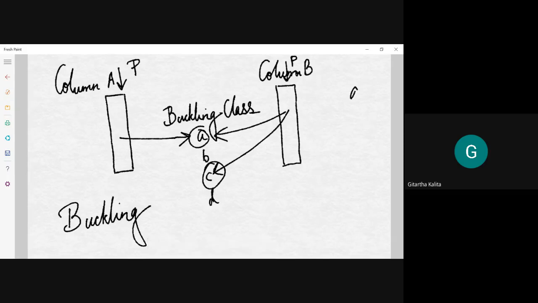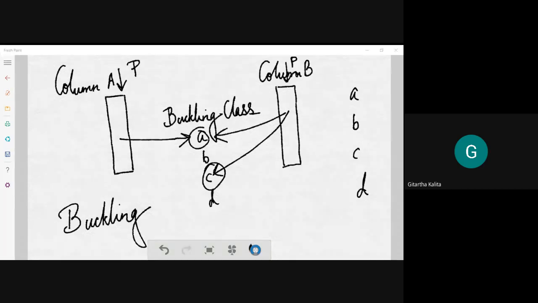So there are four classes: A, B, C, D. You can see buckling class A, B, C, D written in the last column of page 44. Have you seen buckling class A, B, C, D in page 44?